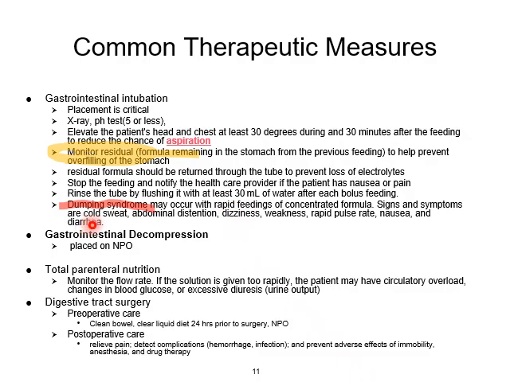They will be sweaty, there will be abdominal distension, dizziness, weakness, rapid pulse rate, nausea, and diarrhea. Again, remember the dumping syndrome, and this happens because of the rapid movement of feedings from the stomach to the intestine.